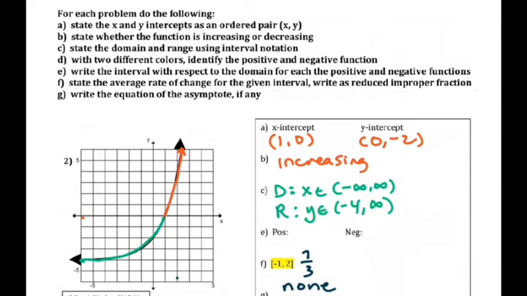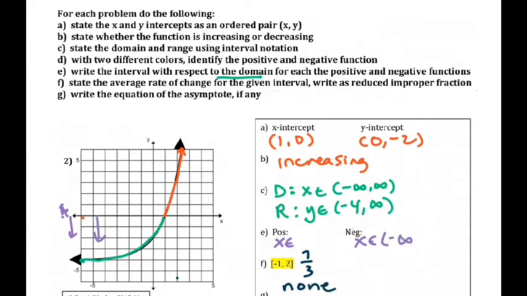Part E, write the interval with respect to the domain. That just tells us both of these are going to be x is an element of. So as you think about the little guy walking, as he's walking right there, it's below him. So this is negative. The negative part starts at negative infinity.